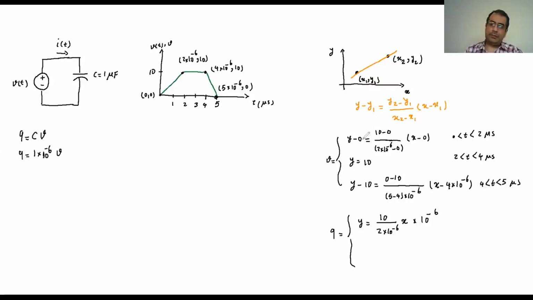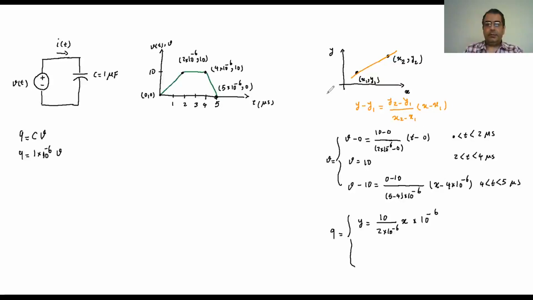Here it's probably better that instead of using y and x, I use v and t. So I'm going to replace all the y with v, and all the x values with t.